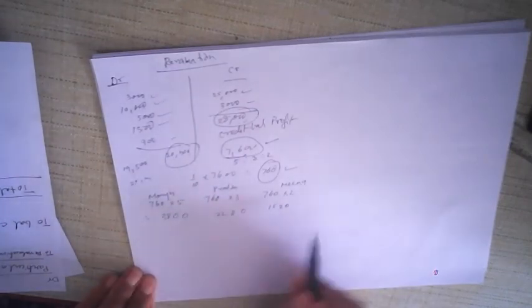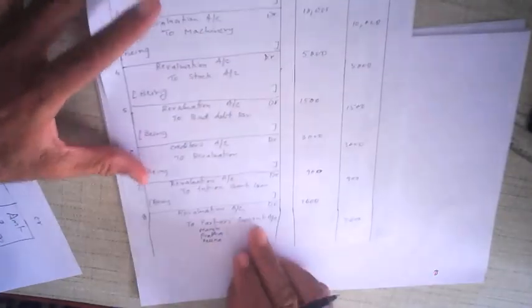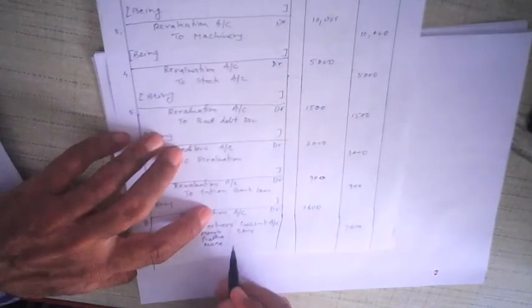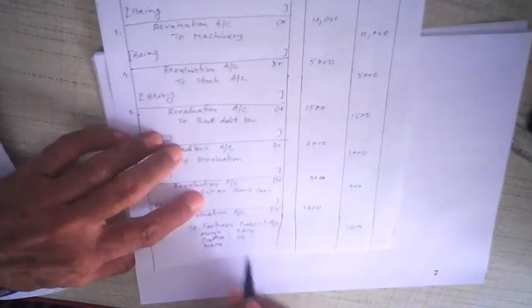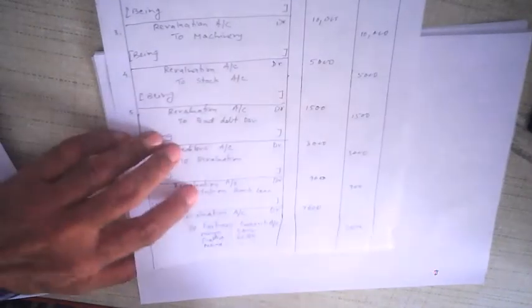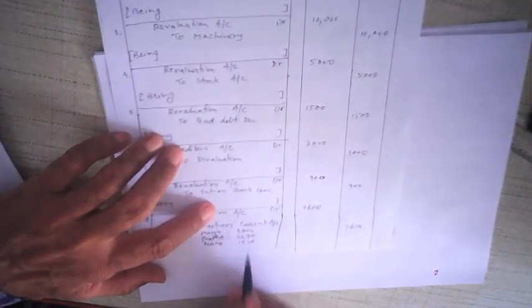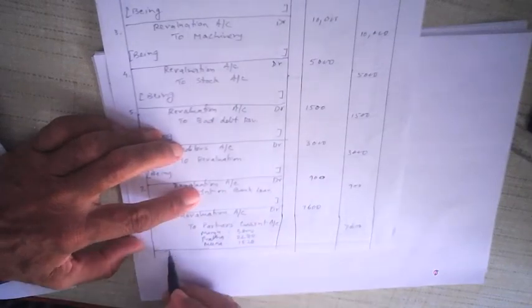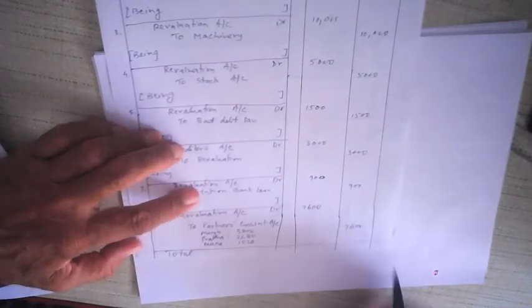These are the amounts each one will get. So in the journal entries, each one will get 3,800, 2,280 and finally 1,520.